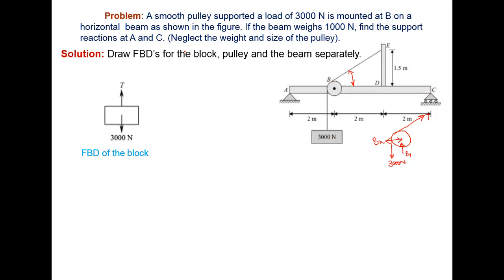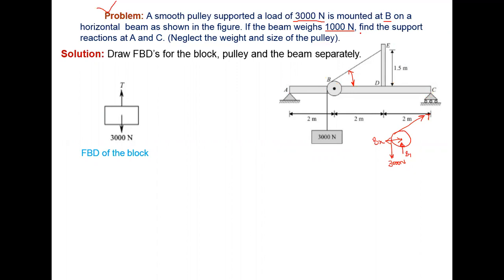right? So let's read the question. It is given that a smooth pulley is supporting a load. The magnitude of load is 3000 Newton, and the pulley is mounted at point B on a horizontal beam that is shown in the figure. If the beam weighs 1000 Newton, that means this beam is not weightless, but it is having a weight of 1000 Newton.